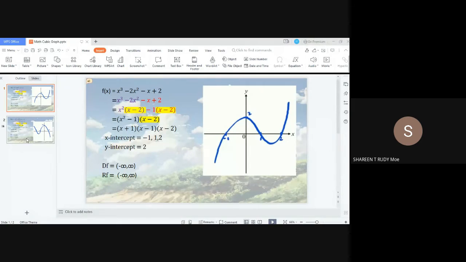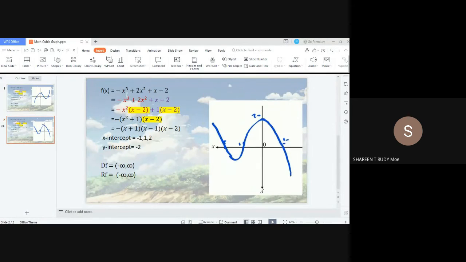So our coefficient of x cubed is a negative sign, so our graph will go from smile to sad.